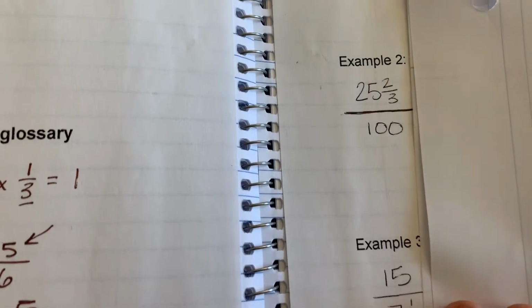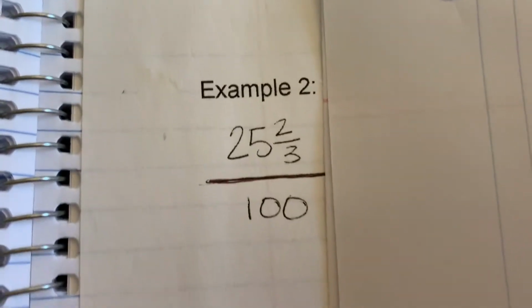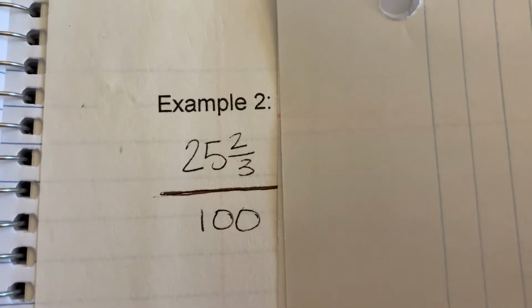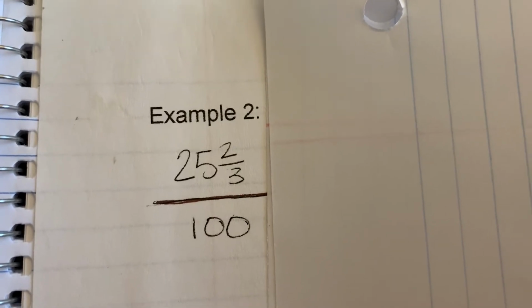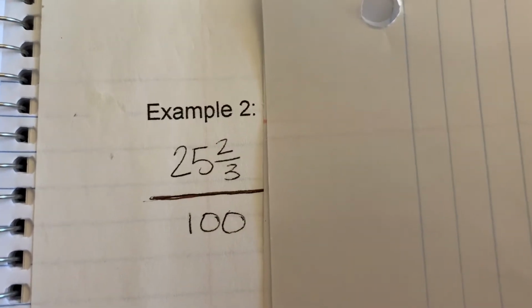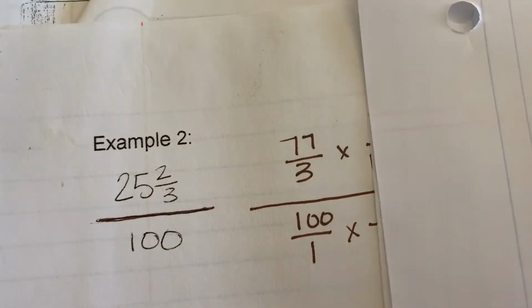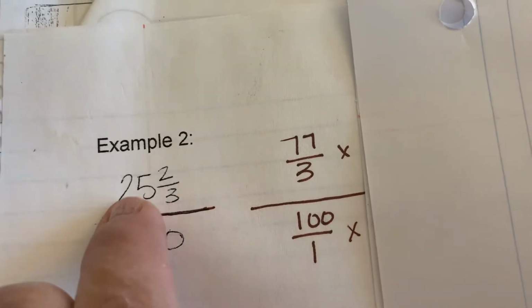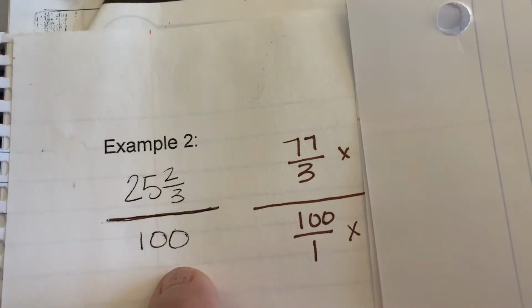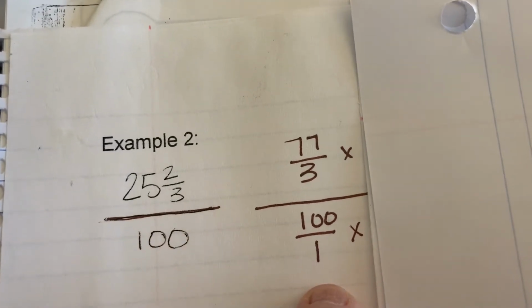Okay, so the original problem says 25 2/3 over 100. Okay, and so we know if we're going to divide fractions, we need to turn them into improper fractions. So this one looks like I did 3 times 25 plus 2. I got 77 thirds over, and I turned that into a fraction, 100 over 1.